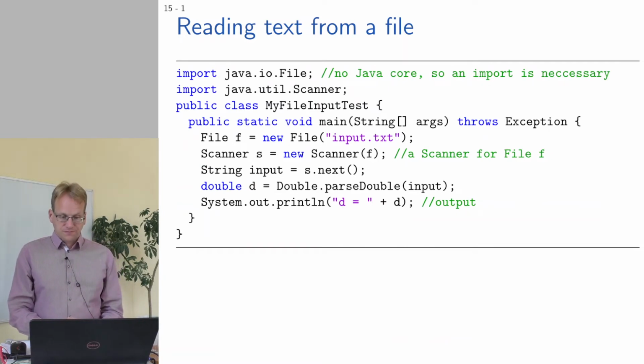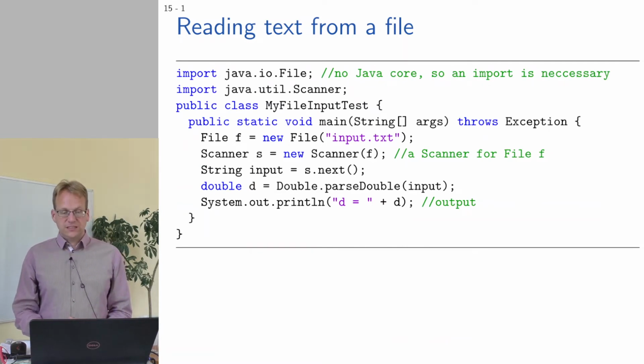Well, just to put this into the right context, here we have the complete program now, including the method head of the public static void main method. We have then these lines of code.